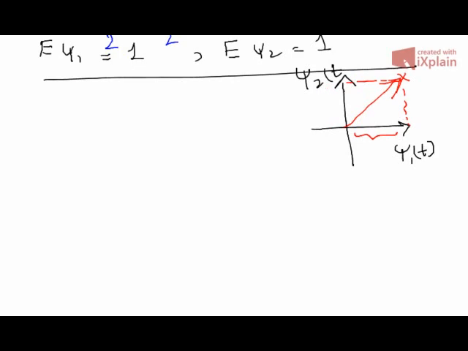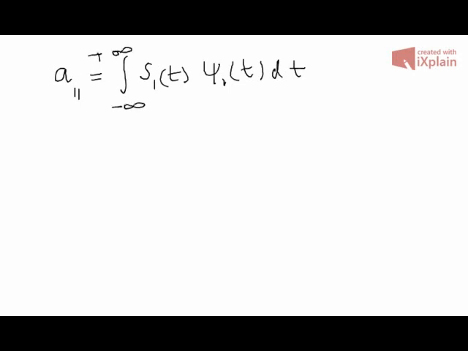We need to find a11, which is the image of s1 of t over psi 1 of t, which means we need to find this dot product.